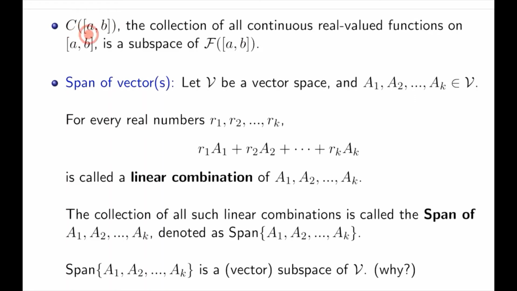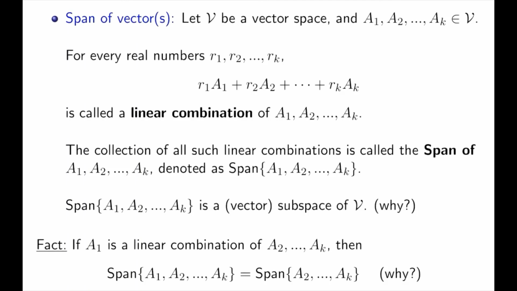If you multiply a continuous function with a number, which is the scalar multiplication in this case, you also end up having another function that is continuous. So this collection of all continuous functions is in fact closed under the addition and closed under the scalar multiplication, which are the properties A and B. So it is a subspace of FAB. And we know these facts because of what we have learned from calculus 1.